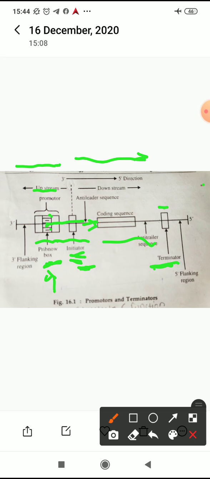The repressor protein synthesized under the direction of the terminator reaches the initiator, that is the operator gene, and binds with the initiator.